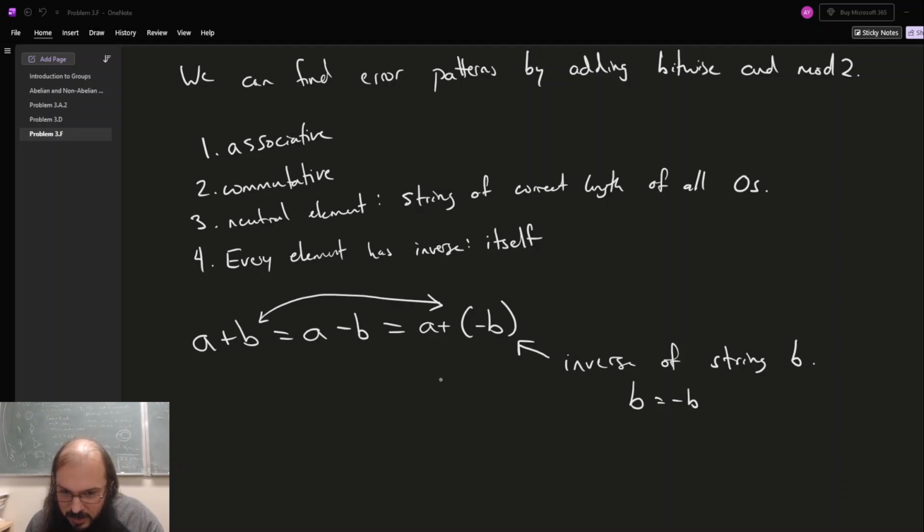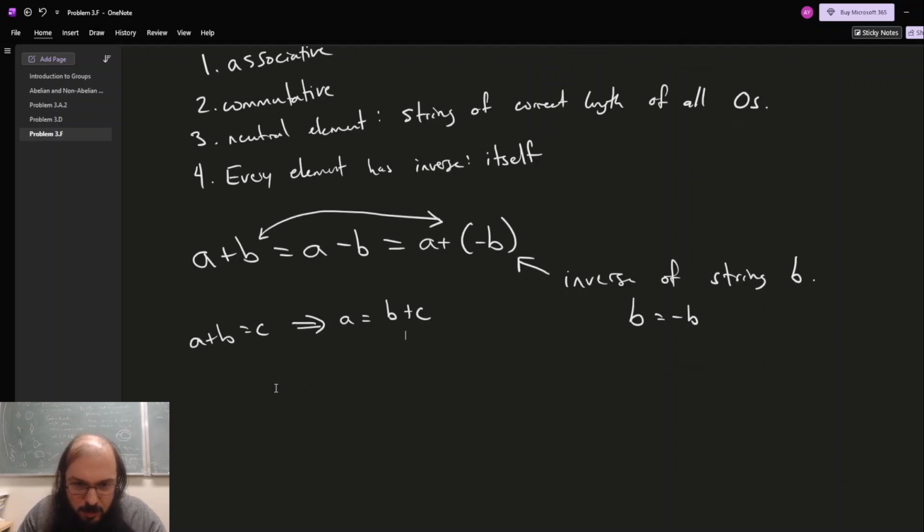Perhaps even more surprisingly, he tells us that A plus B equals C implies A equals B plus C. How could this be? Algebra in this setting is a little bit weird. We have to keep in mind, what does it mean at every step? The only operation that we have defined is plus and, well, we can subtract because subtracting means adding the inverse. So let's see why this is true.